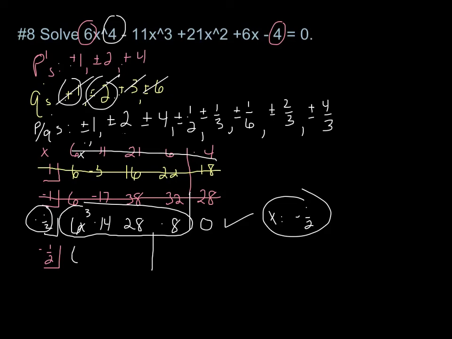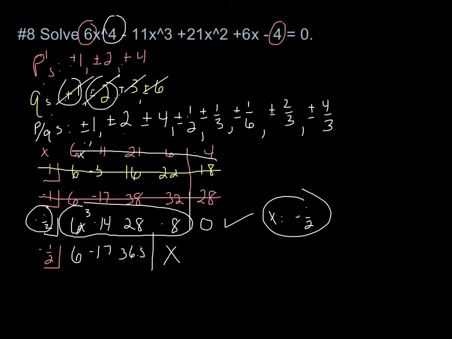So drop your 6. Negative half of 6 is negative 3, and negative 3 plus negative 14 is negative 17. Negative half of negative 17 is 8.5, and 28, that's 36.5. This is not looking pretty. It's definitely not 0. I'm just going to put an X there because I know it's not 0. I'm just going to move on. So negative 1/2 is definitely not a double root.